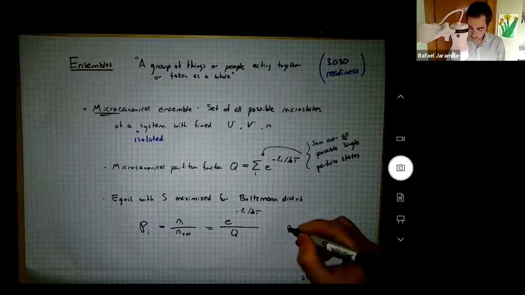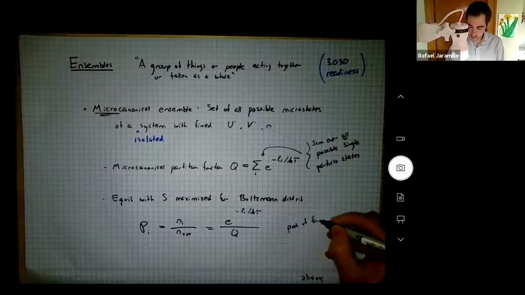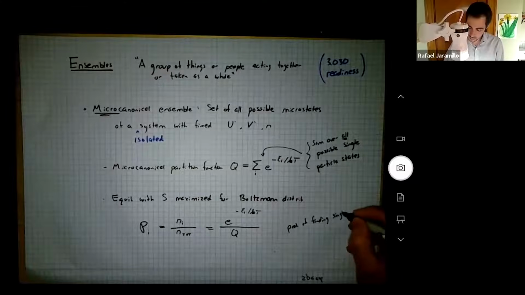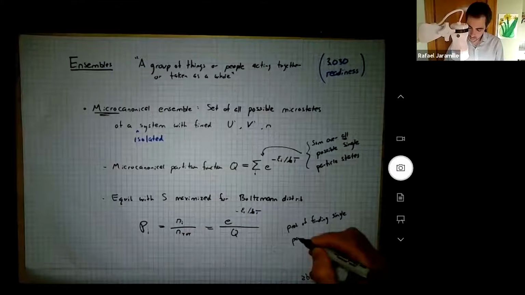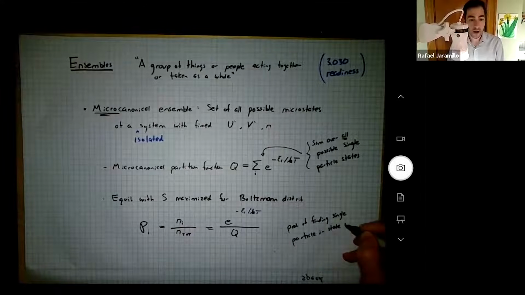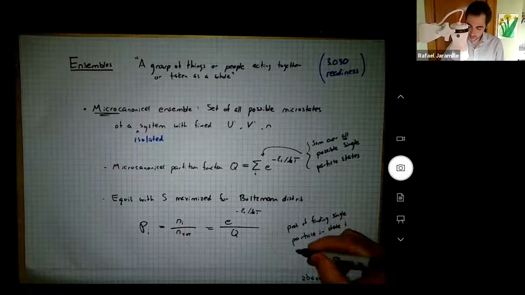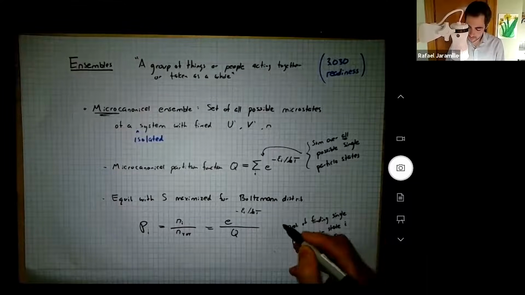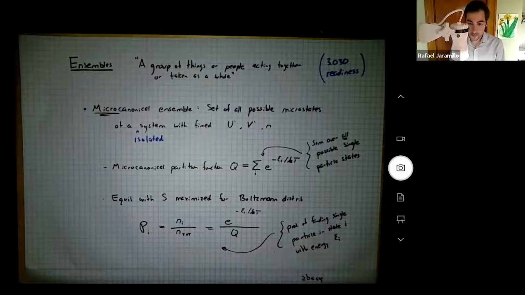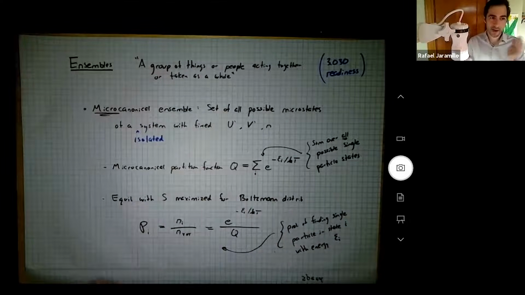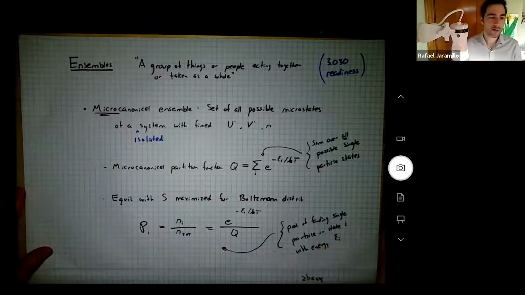Probability of finding a single particle in state i with energy E_i. Okay, so this is a repeat of everything we just did. I just gave it a new name. I called it microcanonical. So again, that name's kind of highfalutin, but here you have it.